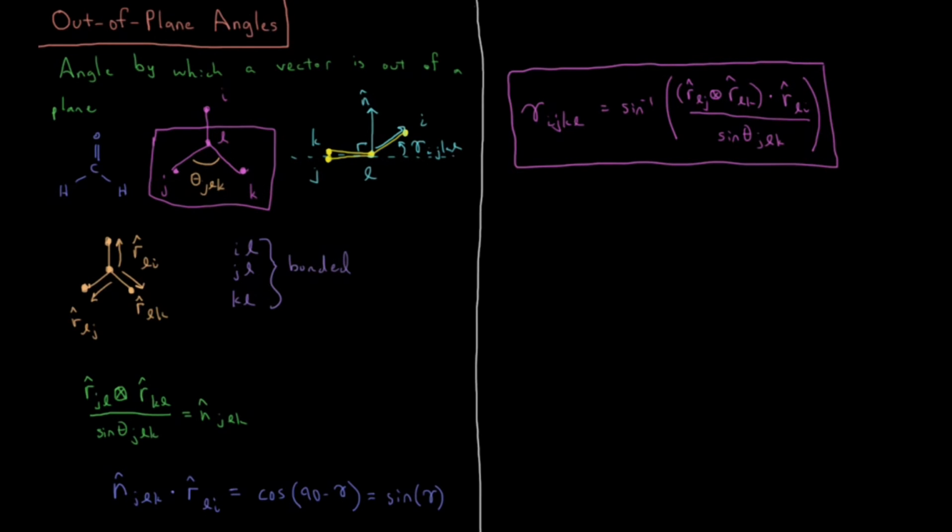Some restrictions on what the values of out of plane angles can be. As you might guess, normal vector angle relative to it, we can have a range of minus 90 is less than or equal to phi of ijkl is less than or equal to 90 degrees. So the most that it can be is in the plane, which it can be 0.